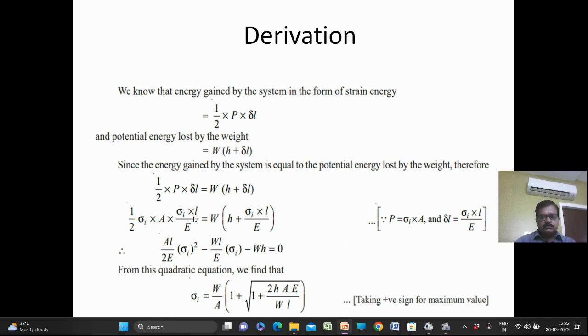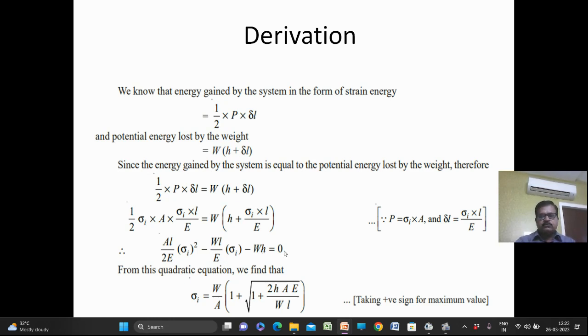So now this is on the left hand side. On the right hand side you have W, H, and delta L is written in the same form, that is sigma I into L by E. By simplifying this equation we get a quadratic equation in sigma I: AL by 2E into sigma I squared minus WL by E into sigma I minus WH is equal to 0.